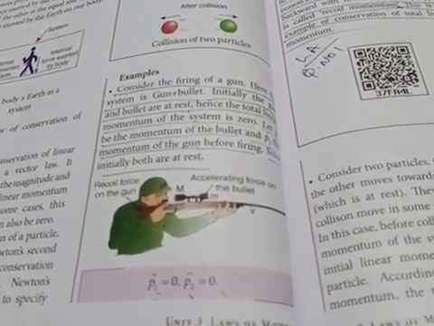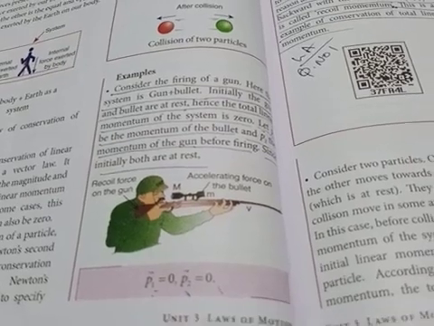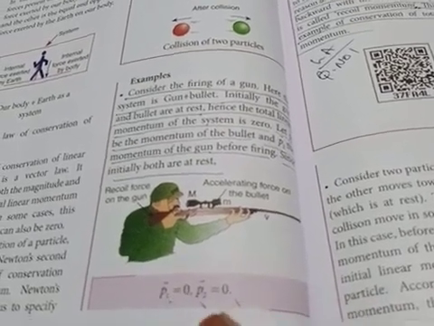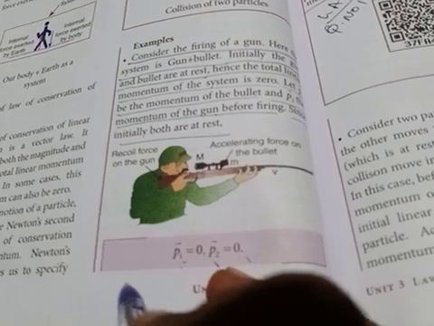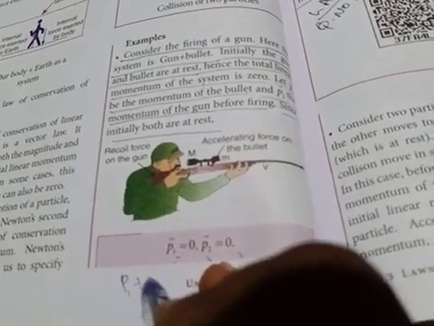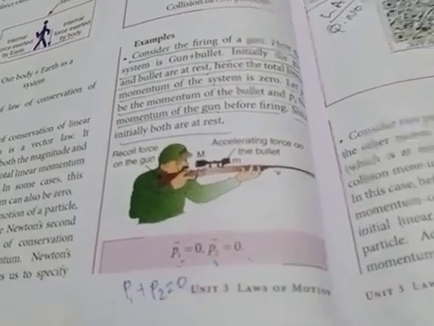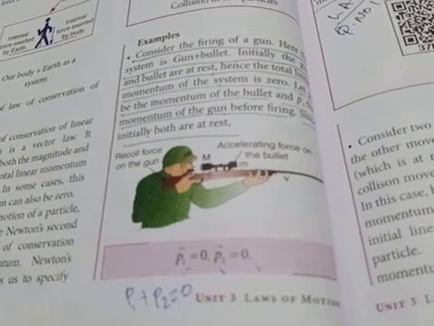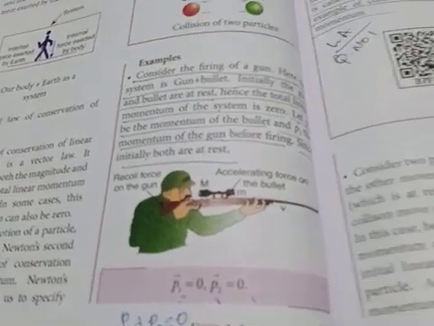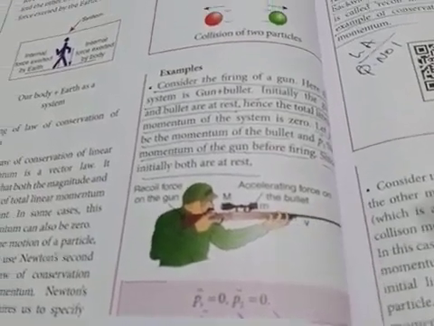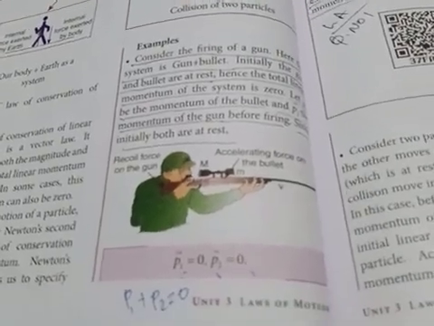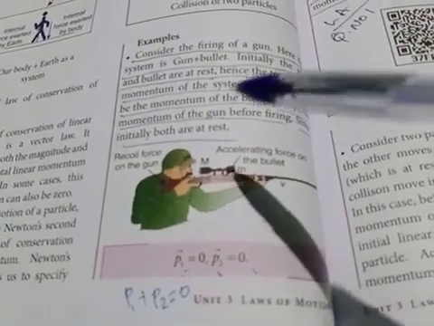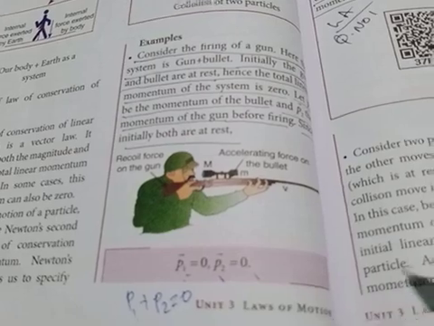So P1 is equal to 0, P2 is equal to 0, so P1 plus P2 is equal to 0. Now it is saying that after firing also this will be 0. That is the law of conservation of linear momentum.